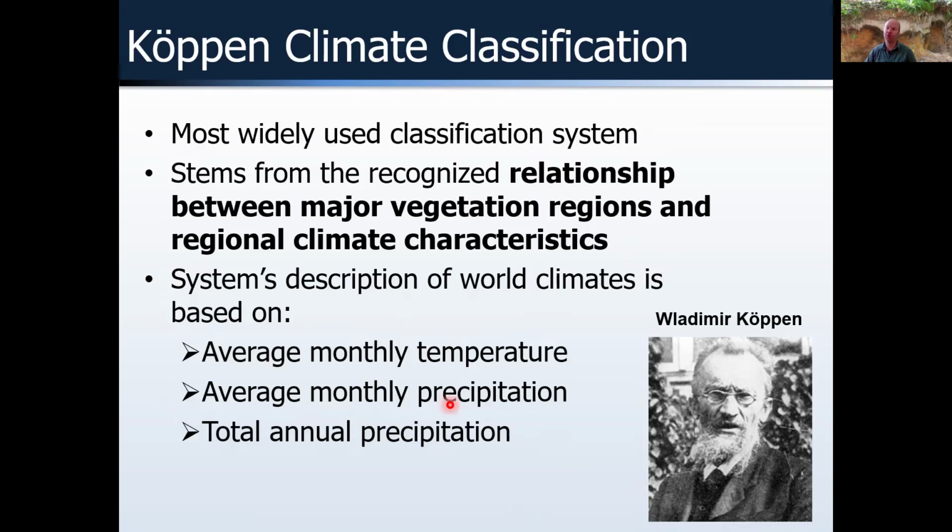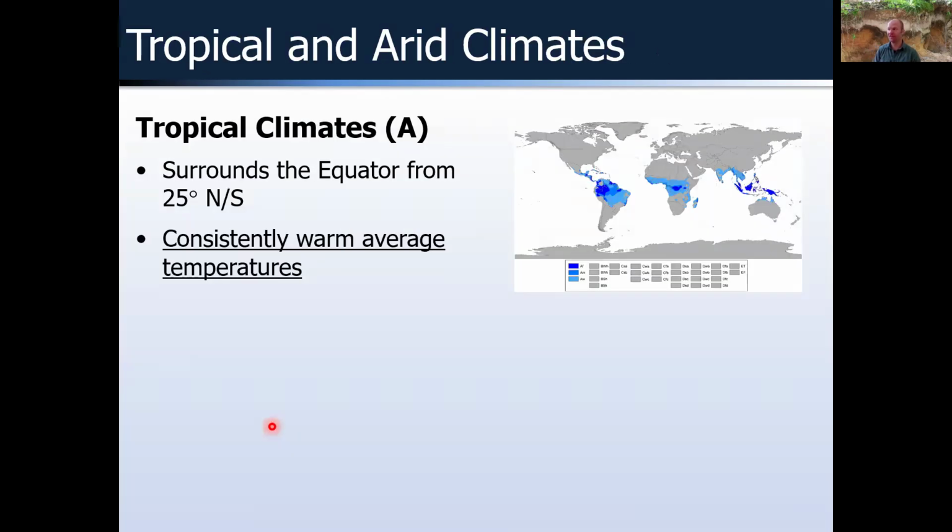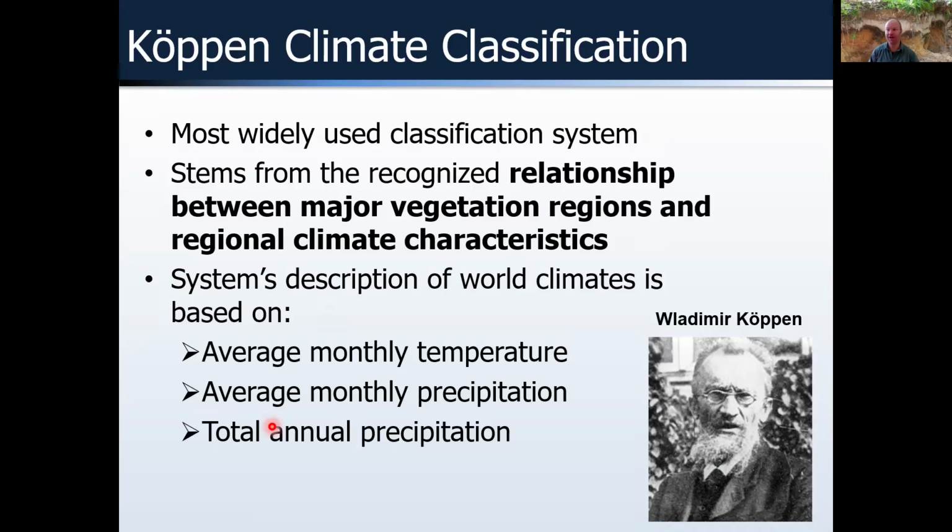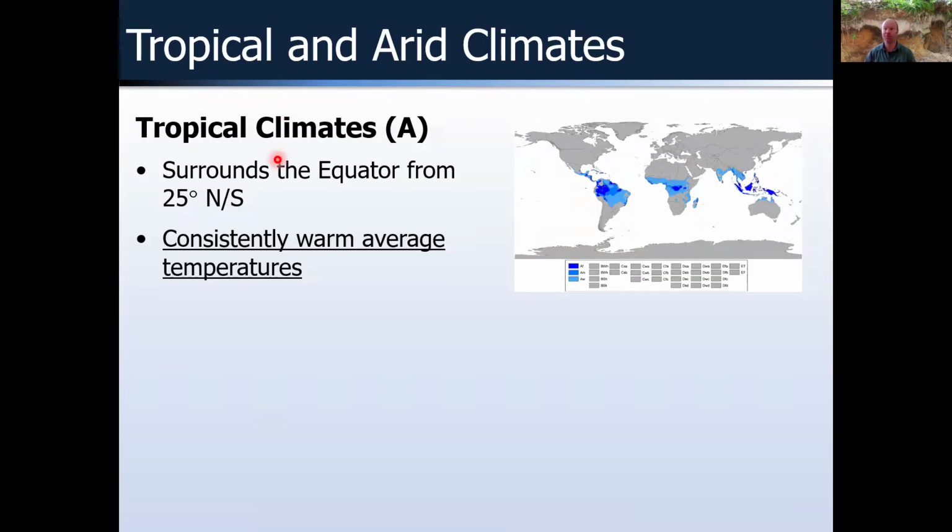And so we can think of both annual totals, and then if we plot it and look at it over a month, we can also examine seasonality. So both totals as well as average, and then including seasonality. And as described within the climate lecture, there are these major climate regions, denoted by capital letters, and we'll go through the major ones.